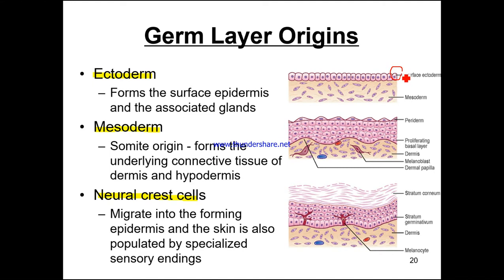So I just want you to start to remember and look up these layers and what we would expect to see, what cells we'd expect to see, what structures we'd expect to see, and what the functions of these structures are.